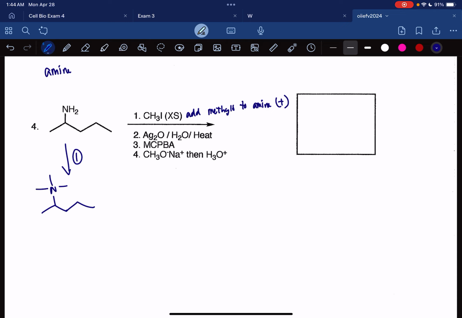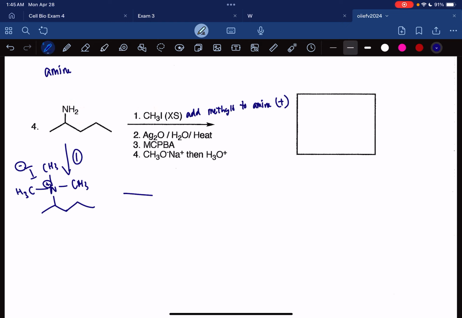So 1, 2, 3. And this makes the N plus, and then you have the I minus floating around. So it's kind of tricky because this reagent doesn't make sense unless you've seen it before. So whenever you have an amine with this CH3I excess, it's trying to make a positive.